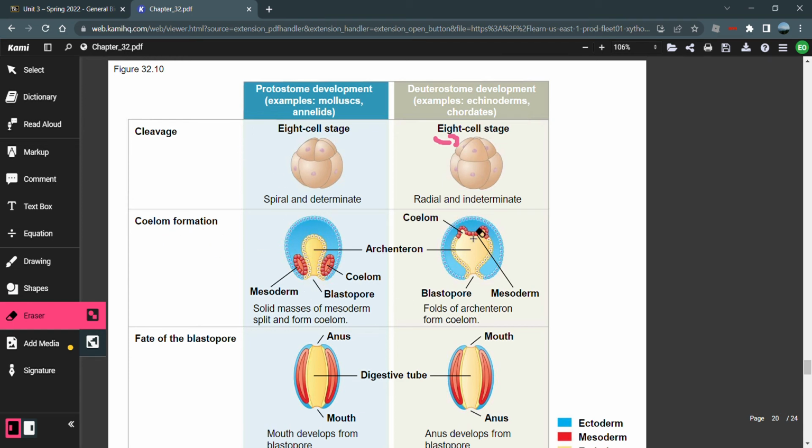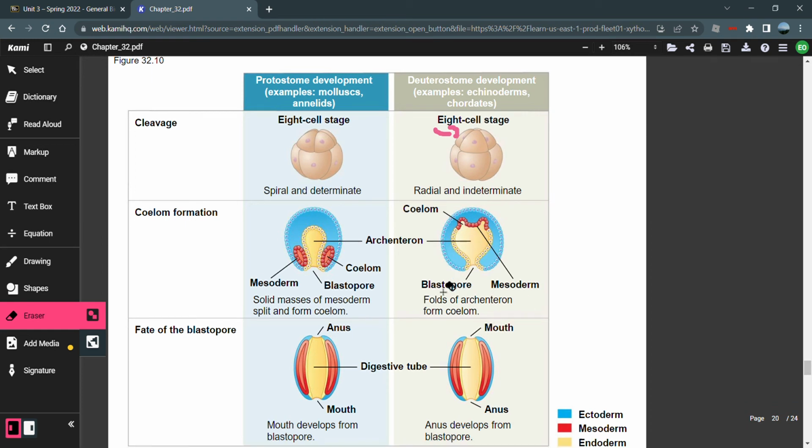Coelom formation. In the protostomes, the solid masses of mesoderm split and form the coelom. Just imagine a piece of cells right here forming their own space, while in the deuterostomes, this layer of cells will pinch out, and using the space of the archenteron, form the coelom.